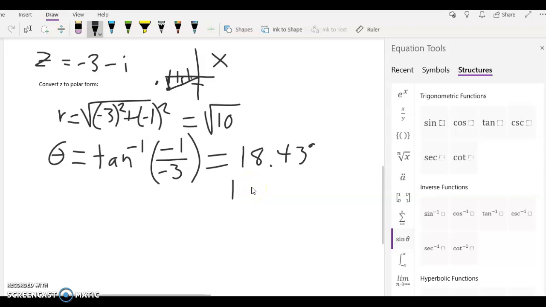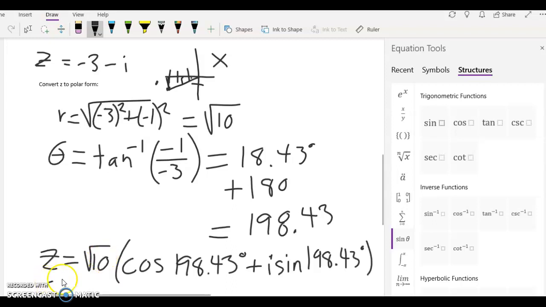So I'm going to take 180 and add it to the 18.43, and I get 198.43. And so that will be my angle. Now that I have both of those, I'll put it together in my complex number form. And there it is. Our complex number is equal to the square root of 10 times cosine 198.43 plus i sine 198.43.